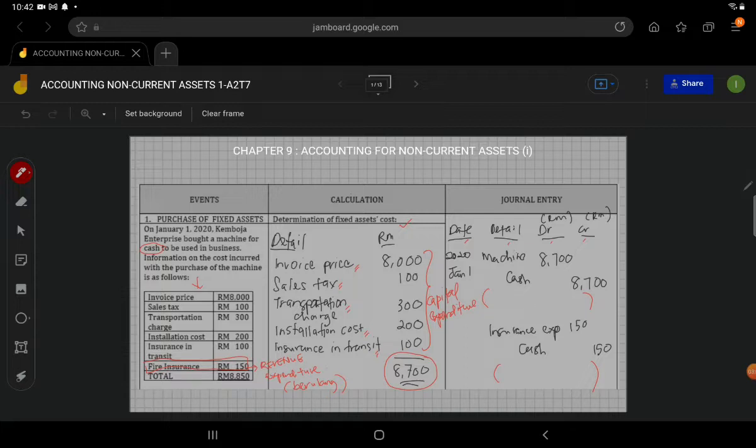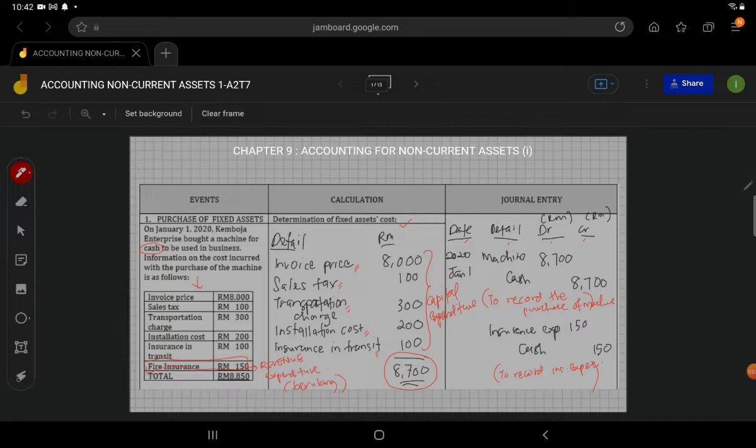So here you can put to record the purchase of machine. And this is to record insurance expense.